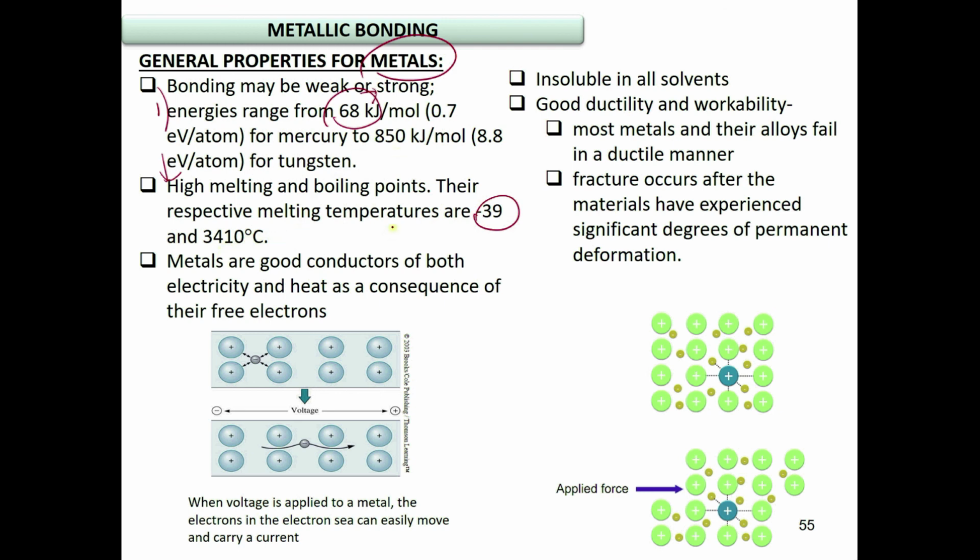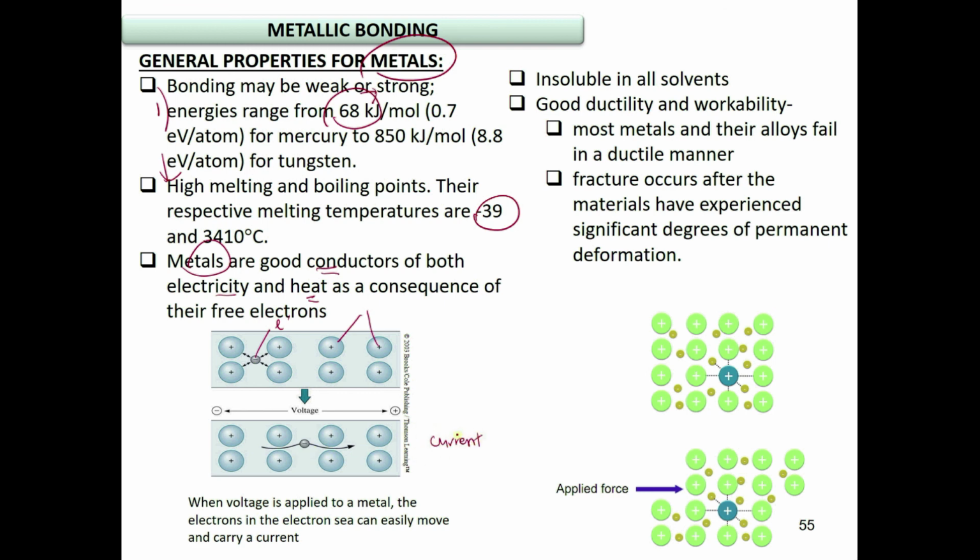Due to the presence of the electron cloud within the metal or alloy, metals are good conductors for both electricity and heat. So you see here, you have this positive ion core, and then you have these free electrons. Whenever you apply a voltage, the difference in the voltage causes the electrons to have a drift velocity, creating current.